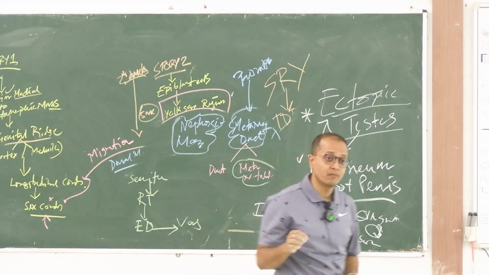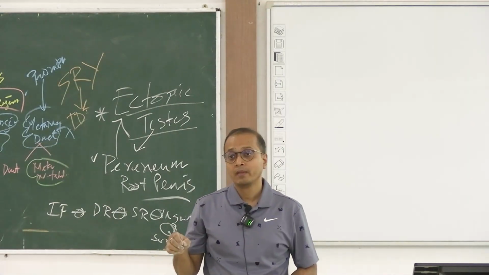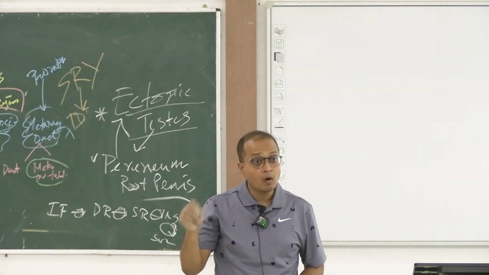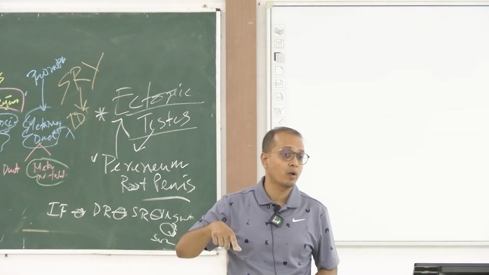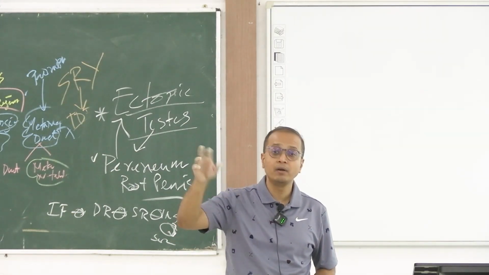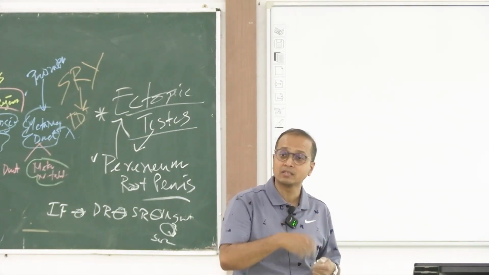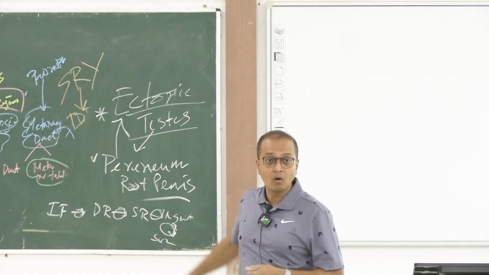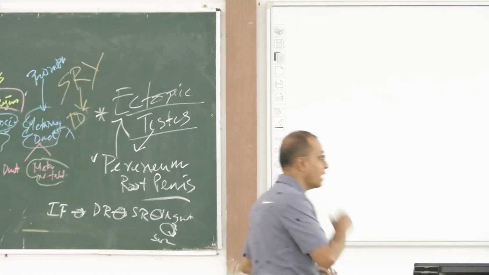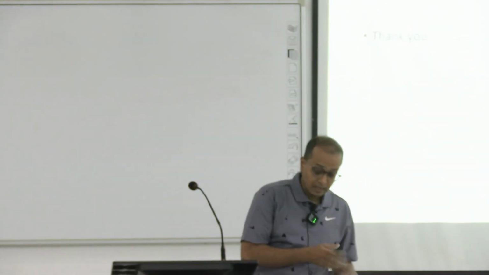So in an examination, if you are given a developmental question, read it carefully: is it cryptorchism or ectopic testicles? Ectopic testicles means not in the right tract, that means elsewhere, such as the perineum, the anterior abdominal wall, or somewhere near the sigmoid colon. If it is undescended or cryptorchism, that means we have a problem related to a delay in descent.